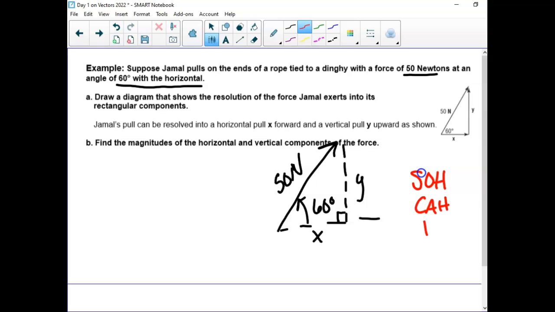Everybody with me? We're actually going to make this really easy in just a second. But if this says 50, and this is 60 degrees, how could I find x? This is the hypotenuse. This is what? Adjacent. So I could say the cosine of 60 equals x adjacent over hypotenuse.